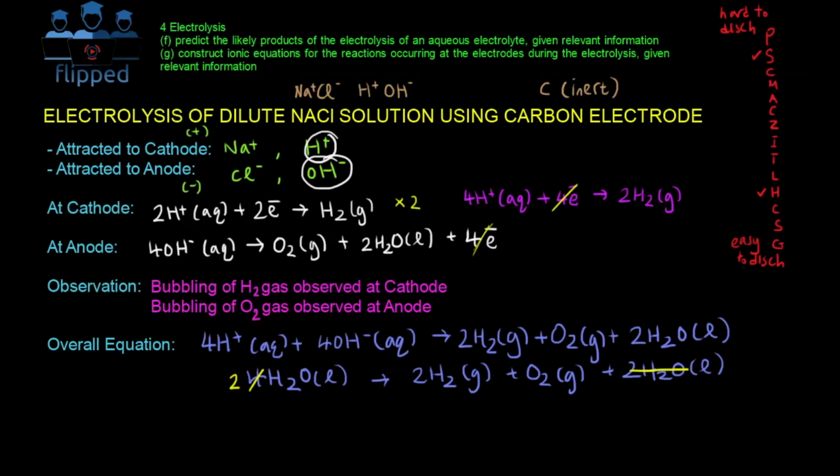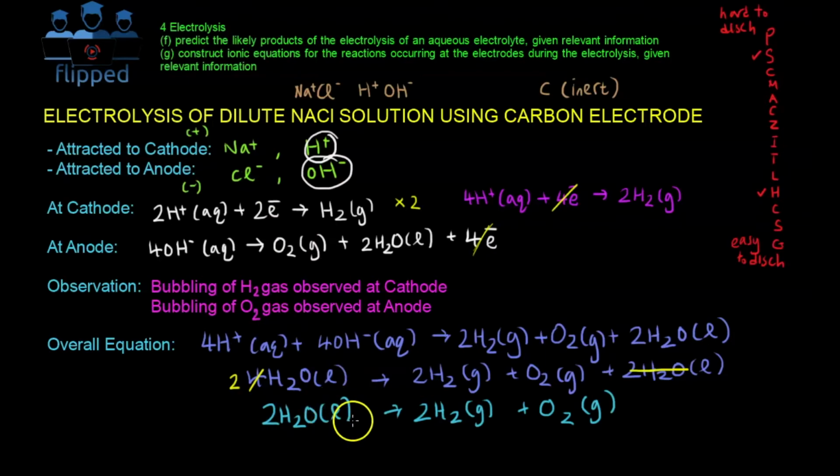What we'll finally get, I promise you this is the last one, is 2H2O liquid to give us 2H2 gas plus O2 gas. You can see that this is the final reaction, and this makes sense because only water is used. Any Cl is not used at all. It's just there.